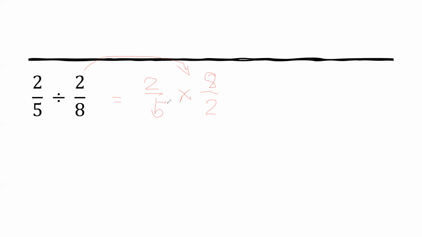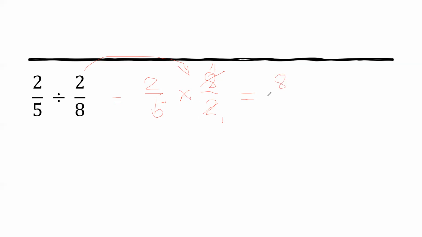Then, diretso tayo sa multiplication. 2 at 5, wala. 8 at saka 2, this can be divided by 4. Diba? By 2 pala. So, this will be 4. And this will be 1. Try natin itong pahalang, diagonal. 2 divided by 1, wala na. At 4 at 5. So, ang sunod natin dyan ay multiply na lang natin. 2 times 4, that will be 8.